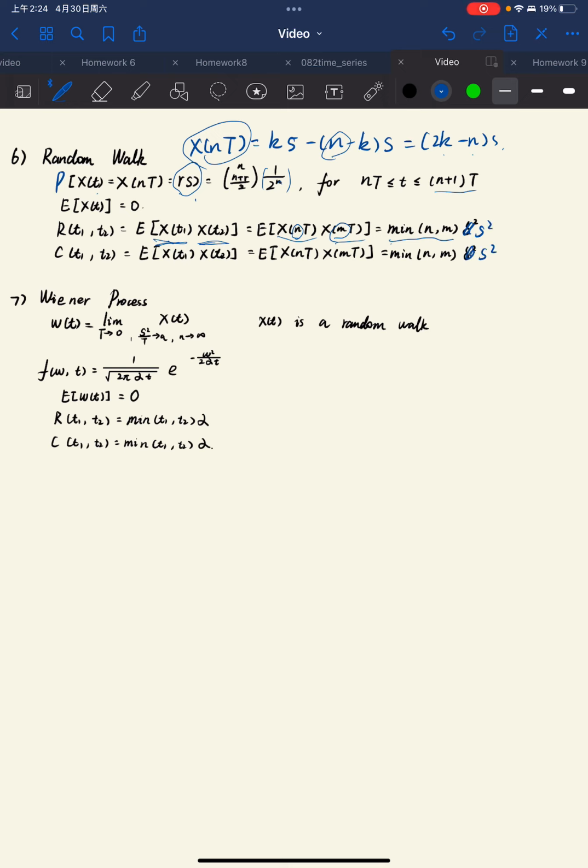And for the covariance, the same: we find it is still the minimum of n and m, times s squared.